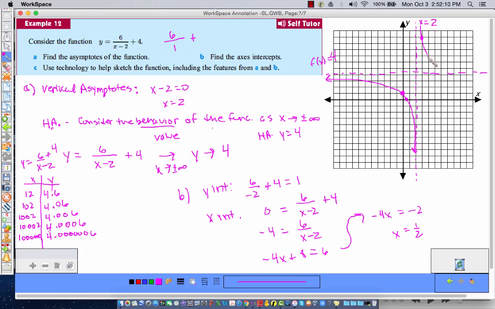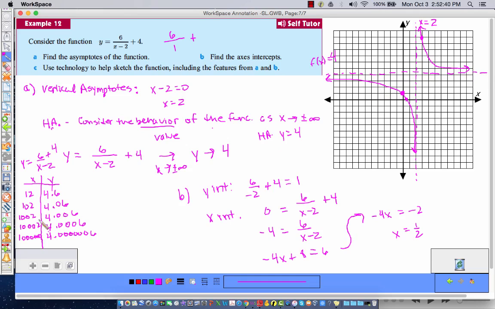And so I know my curve is doing something like this, just because I know that I've got a vertical asymptote here. So it's going to go up, up, up, and then it's going to go down, down, down here. And then it's going to go to the right along my horizontal asymptote, and to the left as well. For our horizontal asymptote, we say that the function is approaching 4 from above as x goes to positive infinity.